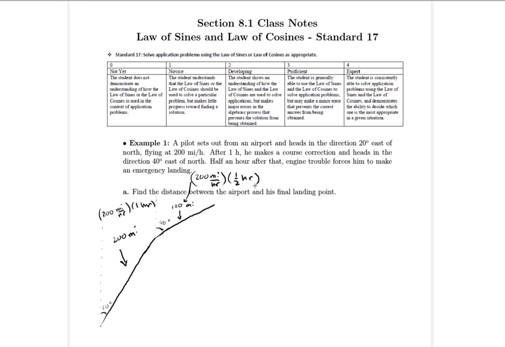All right, so we have those two distances, so that's good. But what we're really interested in is the distance between the airport and the final landing spot. So we want to calculate this distance right here. So we want to know D.